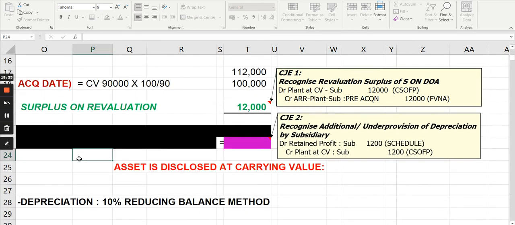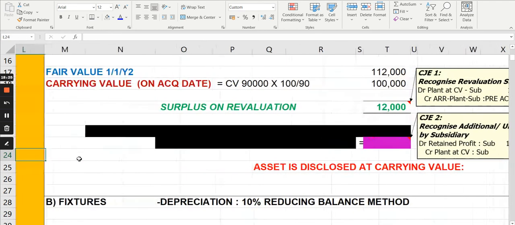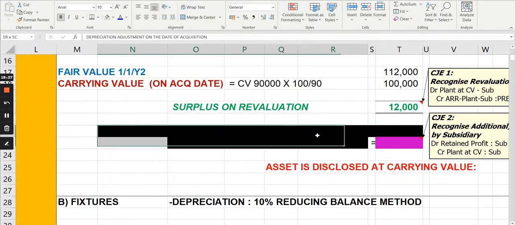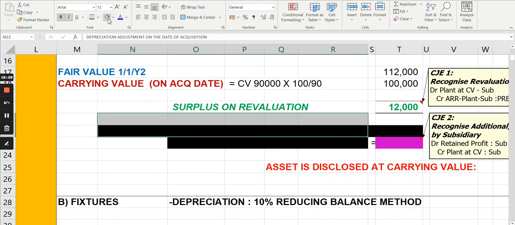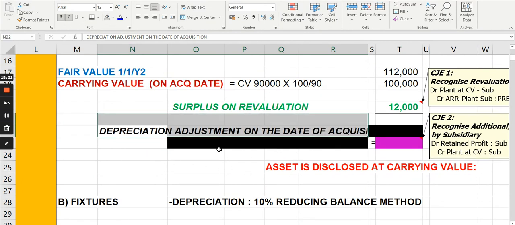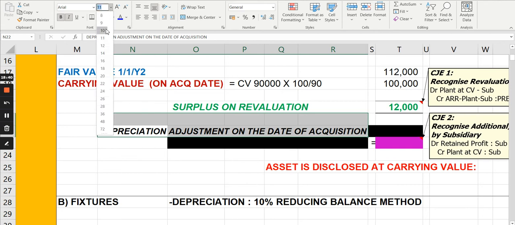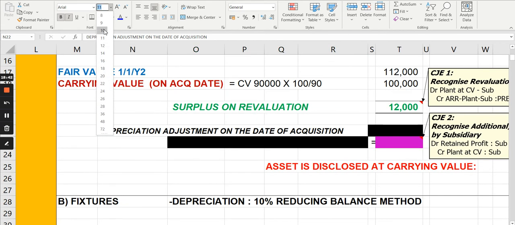The next one is that you are going to do the depreciation adjustment. Depreciation adjustment will be done from the date of acquisition. We are going to look at the depreciation adjustment that needs to be done by the parent company because of the difference in depreciation.